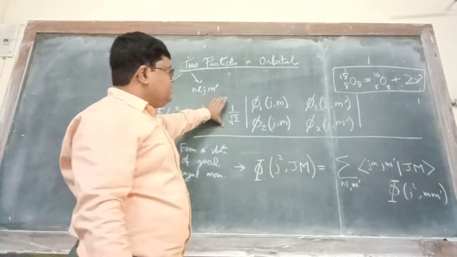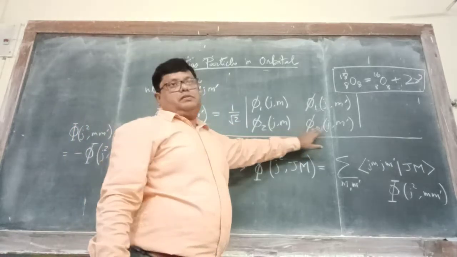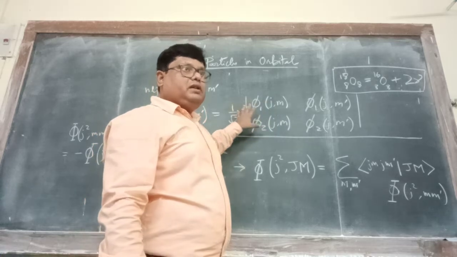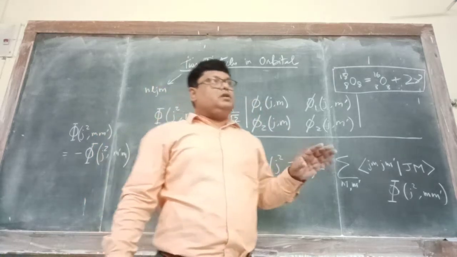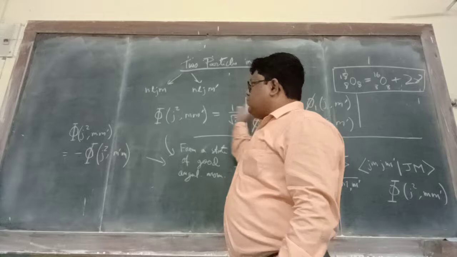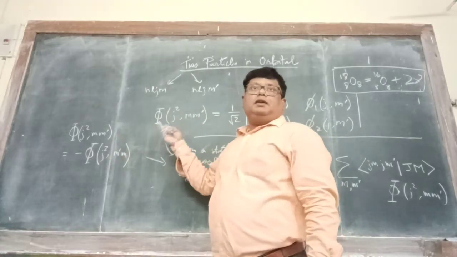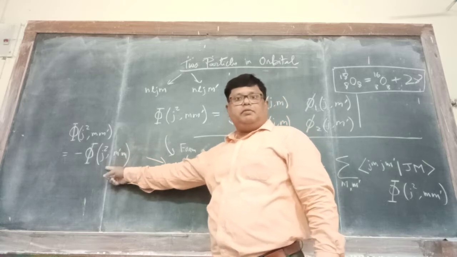I have written this as a Slater determinant, which means it has a property like this: if we switch m and m prime, a negative sign will be picked up.